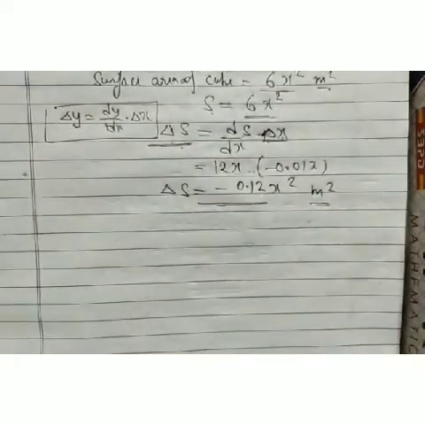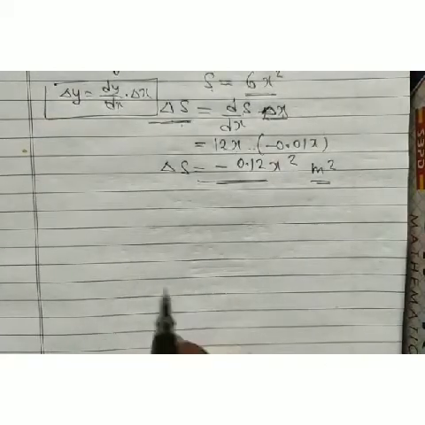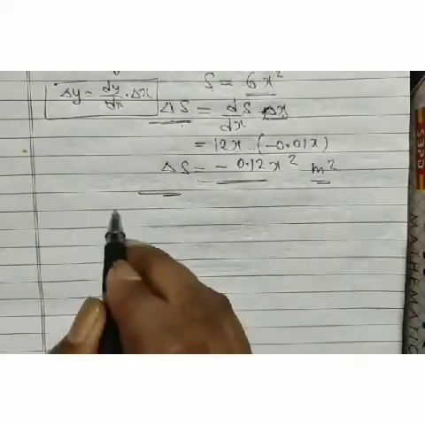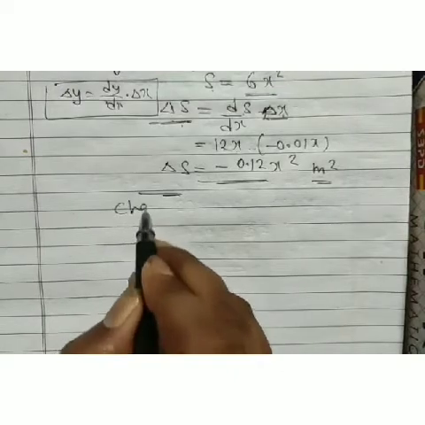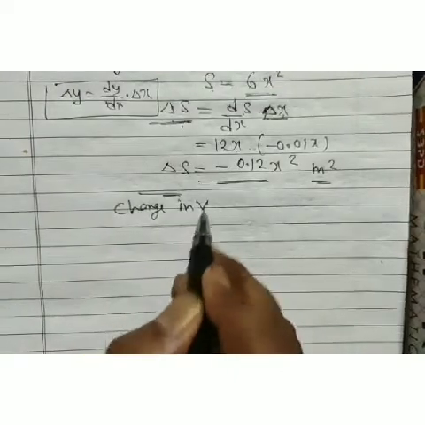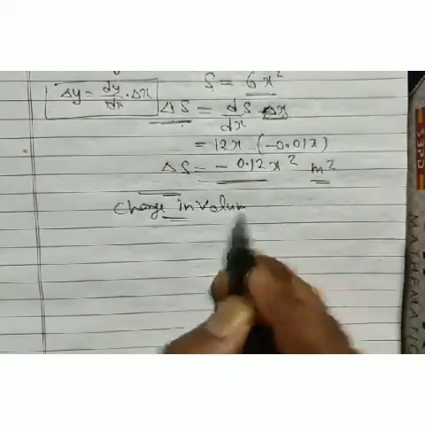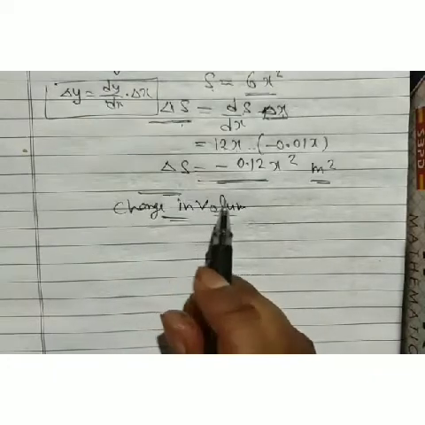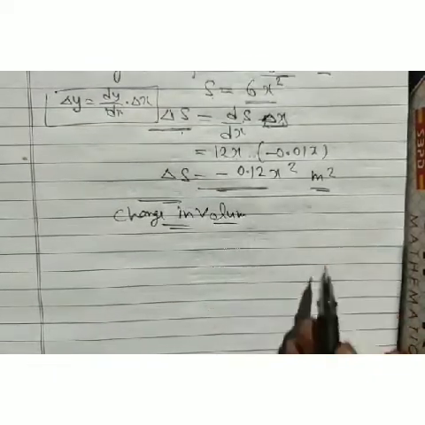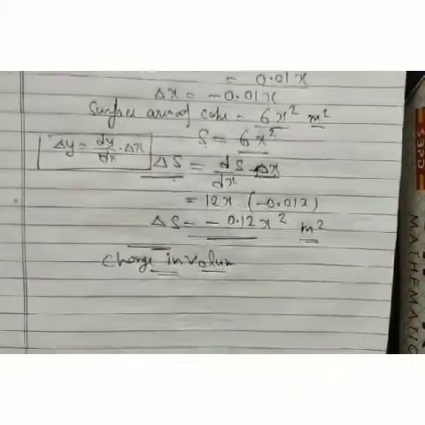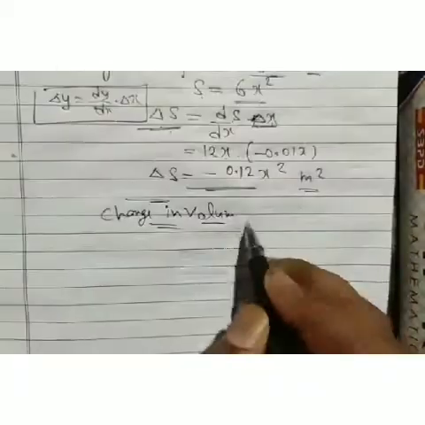Then we get there. Suppose in the same problem we have to find the change in volume. Same problem, if we have to measure the change in volume there, and the cube of side is increasing by 1% there.